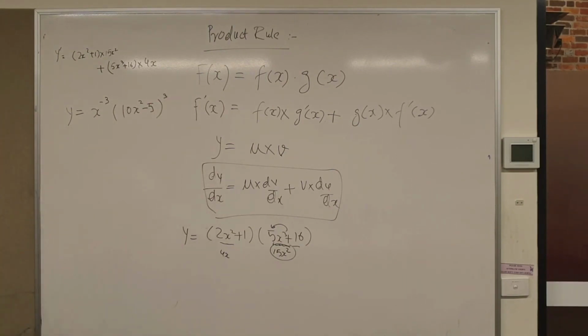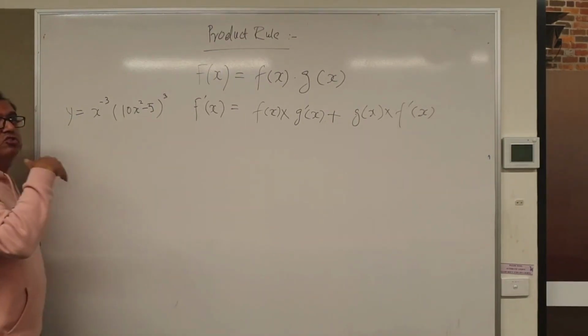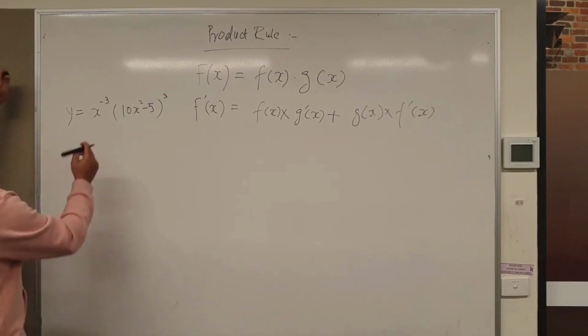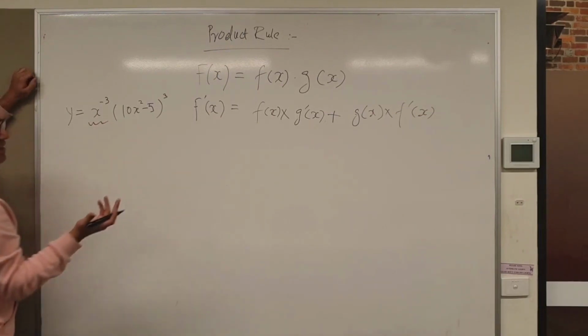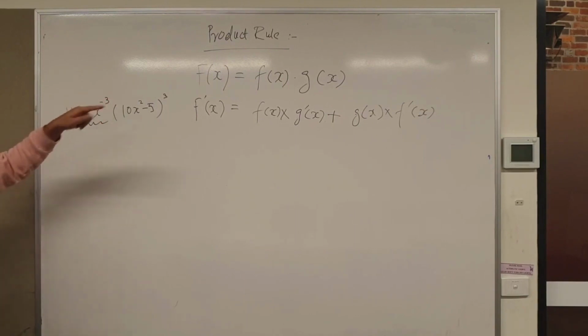Find the y dash, please. What needs to be used here that was not there in the last example that we did? Chain rule. Good job, chain rule. This derivative is easy peasy, minus 3x raised to the power of negative 4.